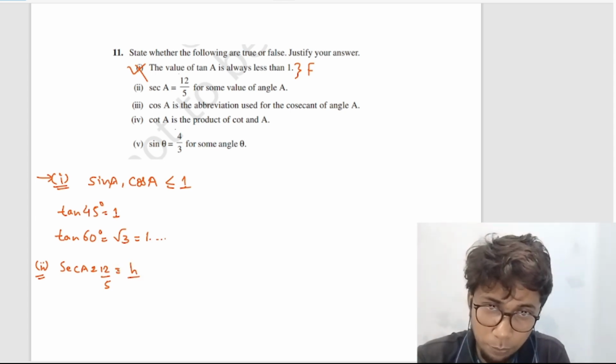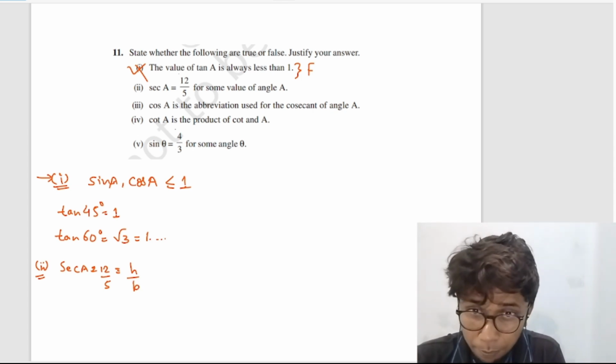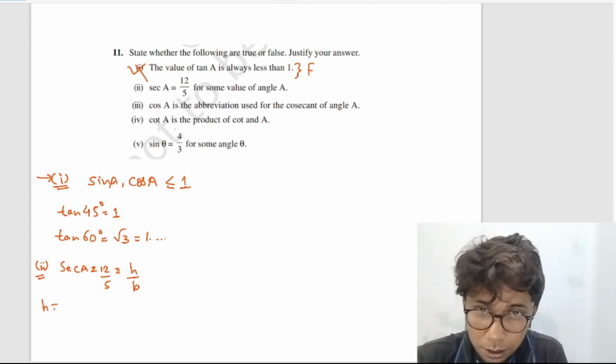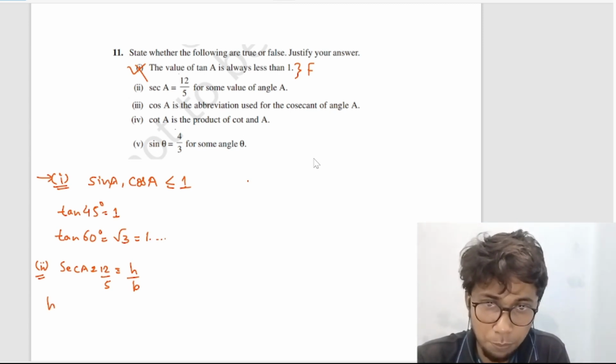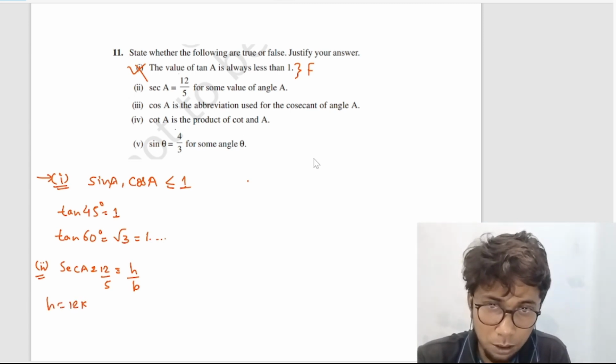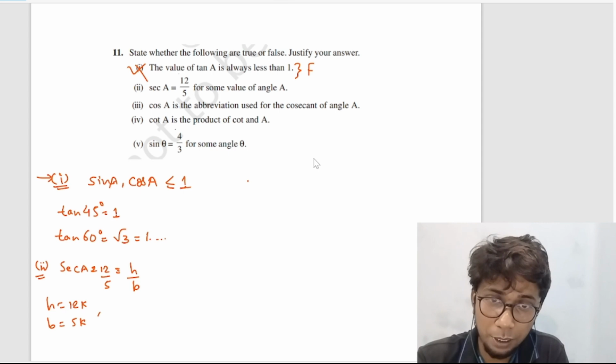Hypotenuse upon base, right? That means our hypotenuse is what? 12. Okay, let's say 12k. Hypotenuse is 12k and base is 5k. What will be perpendicular?